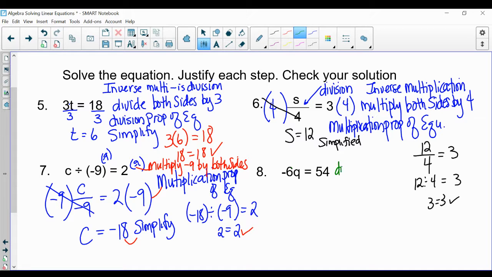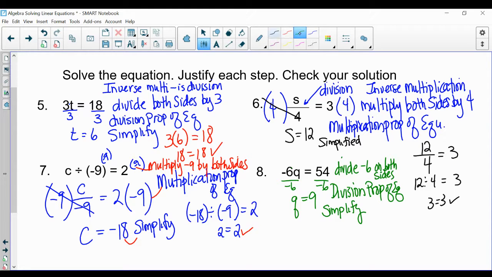I'm going to divide by -6 on both sides, and now I have Q is equal to 9. I used the division property of equality, and then I simplified.